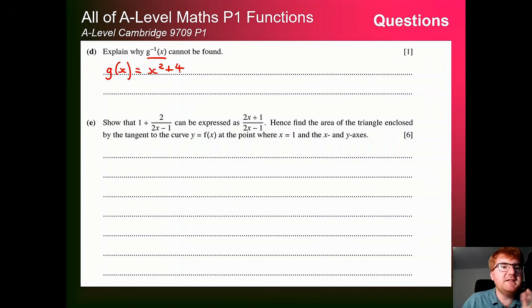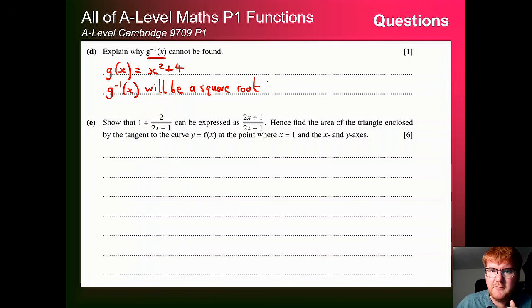Now, if you worked out the inverse of this in the same process that we did before, what you're going to get, so G inverse of x, will be a square root expression of some kind. Now, why is that essentially a problem here?